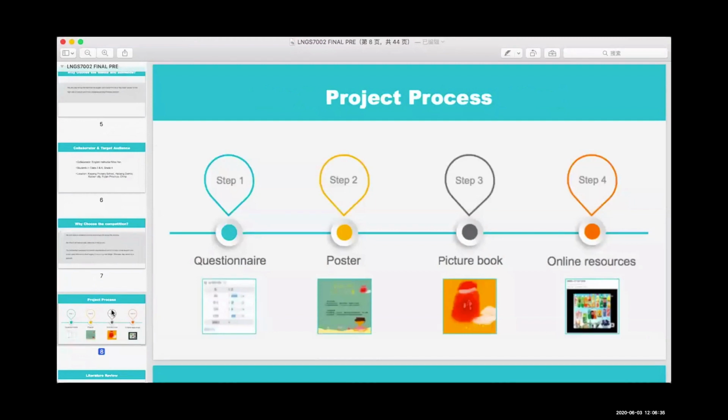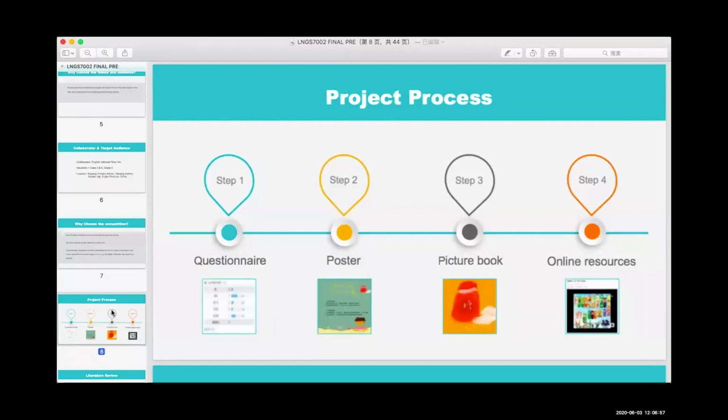At the beginning, we give a questionnaire to the students to find out their drinking preferences, frequency, occasions, etc. And then we start to prepare our materials, which includes a poster for the competition with detailed requirements on it, and also some references to help the students complete the design.